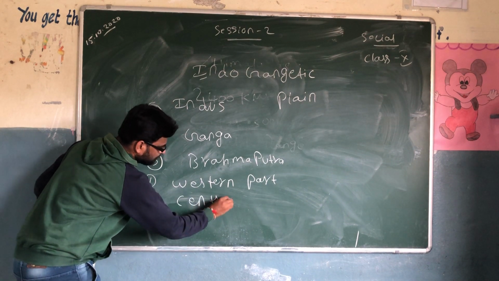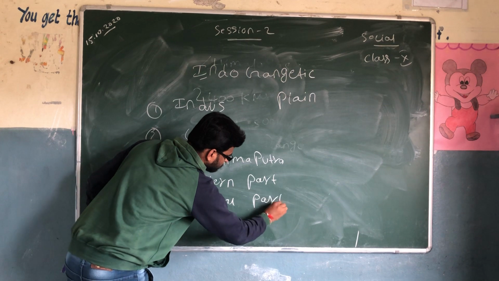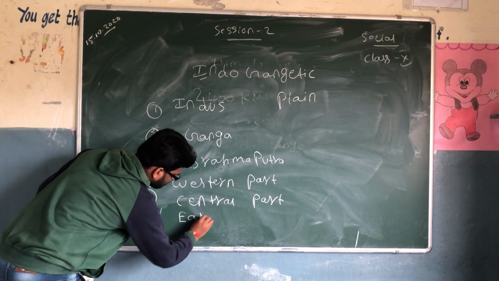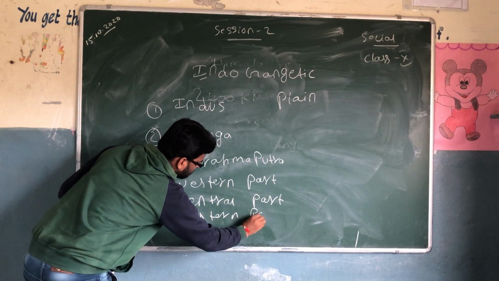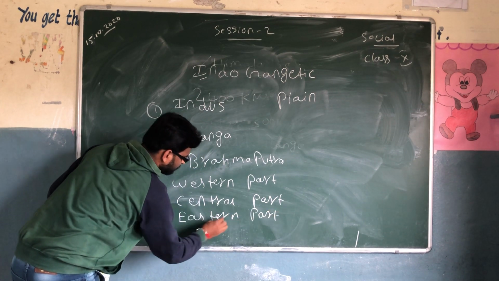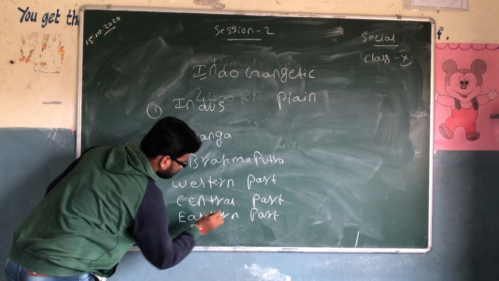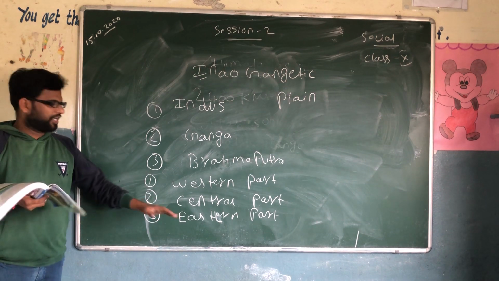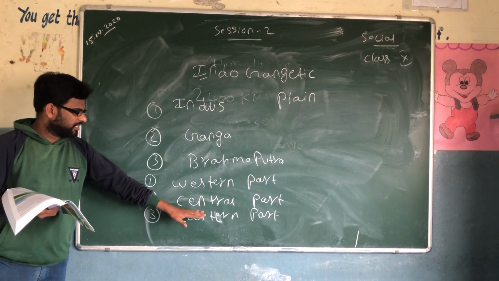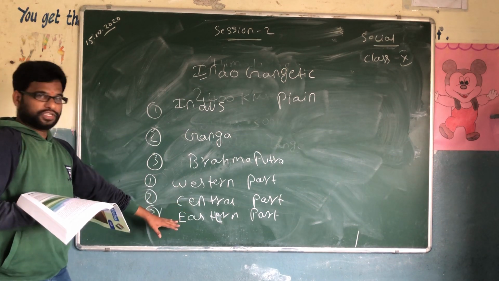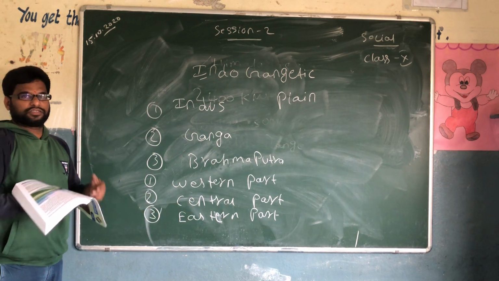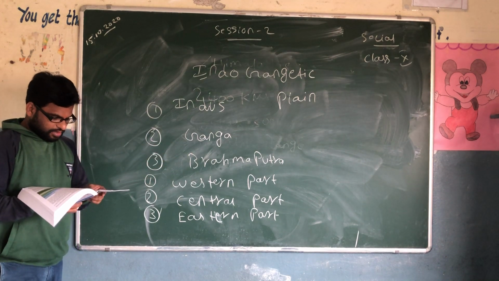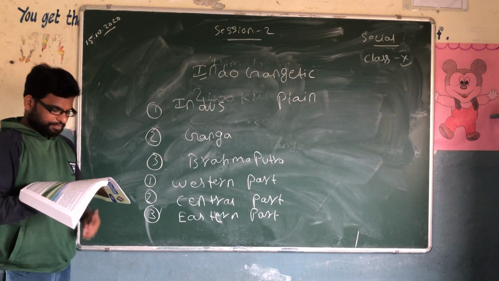The Indo-Gangetic Plain is divided into three parts: western part, central part and eastern part. What are these? Are they directions or places or the movement of rivers? We will discuss. Now we will discuss the western part.